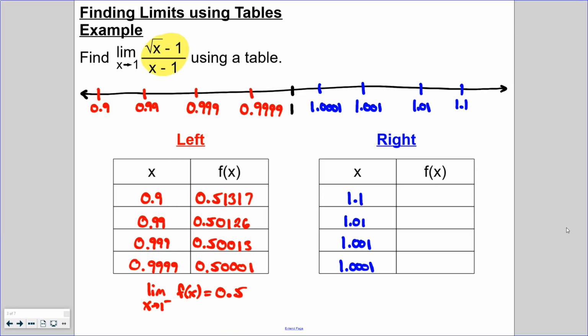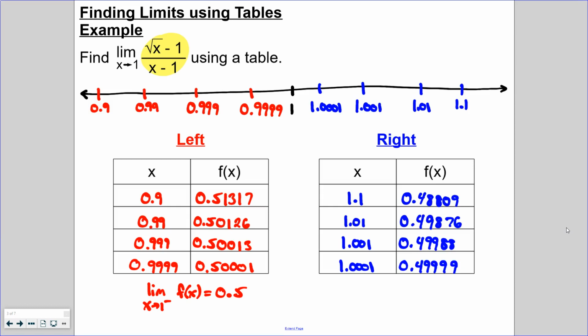From here, we need to look at the table from the right-hand side. And again, we're going to see if we fill in these numbers, will the f of x values match the 0.5? So, plugging in 1.1, we're going to get 0.48809, and then 0.49876, 0.49988, and 0.49999.